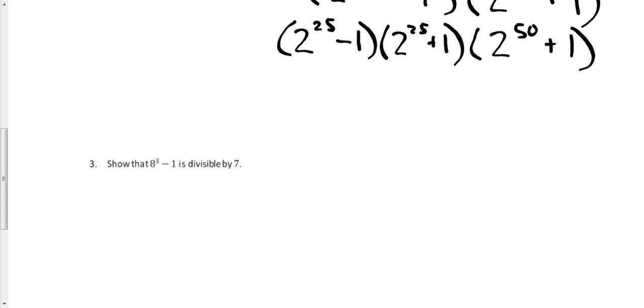Now, this one's fun. Show that 18 cubed minus 1 is divisible by 7. What is this pattern called? What's that pattern called, Jordan?